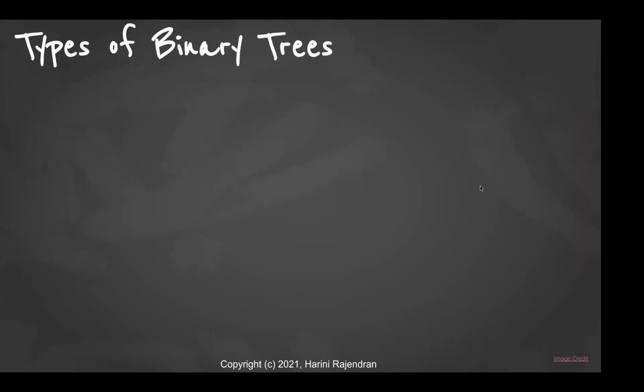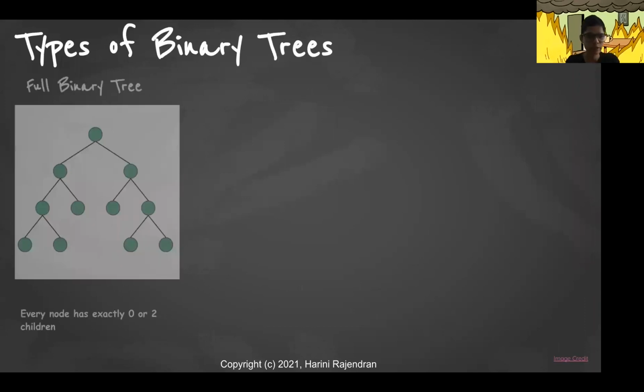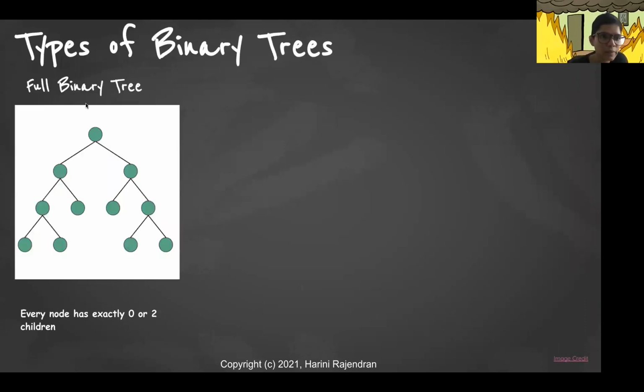And as we saw here, a binary search tree is one special type of binary tree, right? There are still many different types of binary trees, so let's talk about that. Another type of binary tree is called a full binary tree. A full binary tree is one where each node in the tree has exactly 0 children or 2 children.